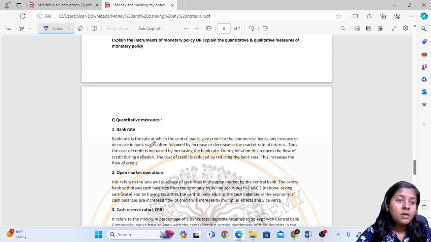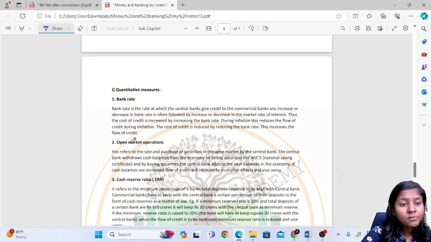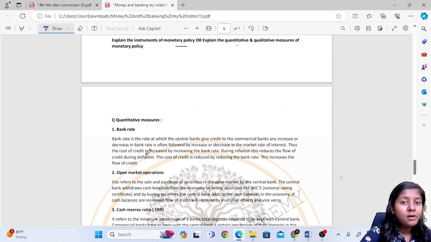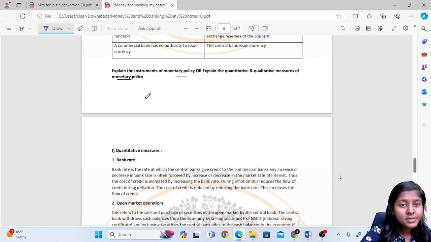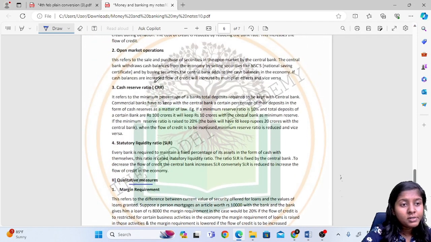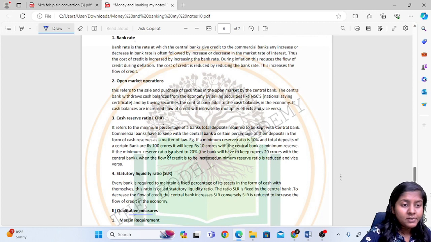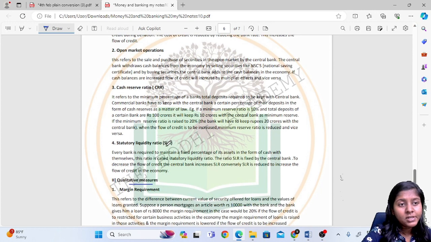Then, instruments of monetary policy: the different quantitative measures of monetary policy, and we will see qualitative measures of monetary policy. These are some of the main things we have to remember: bank rate, open market operations, cash reserve ratio, statutory liquidity ratio.